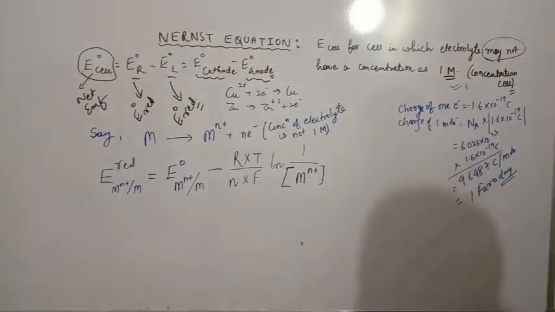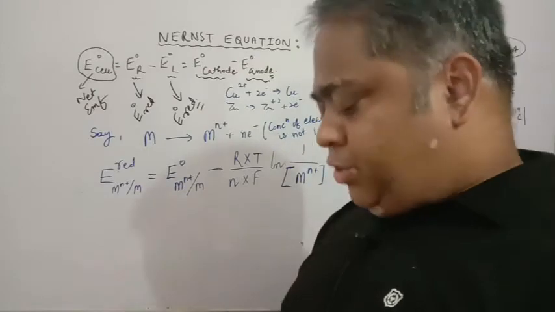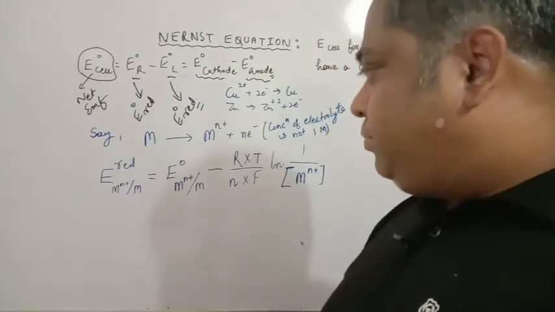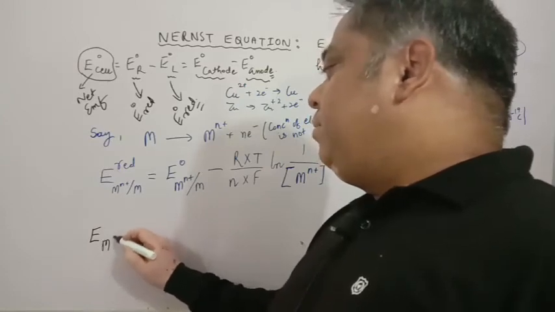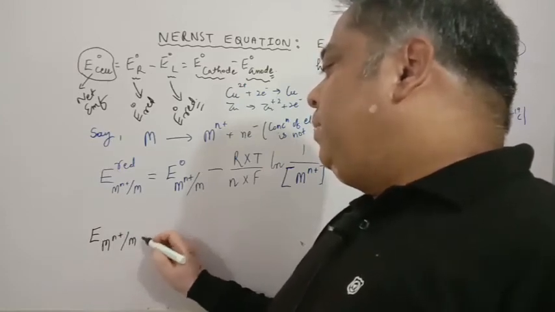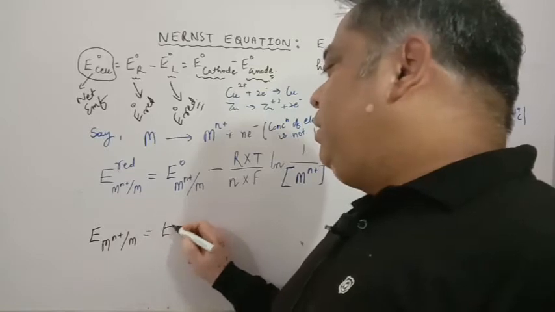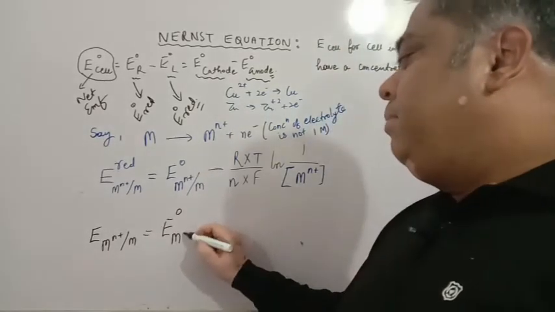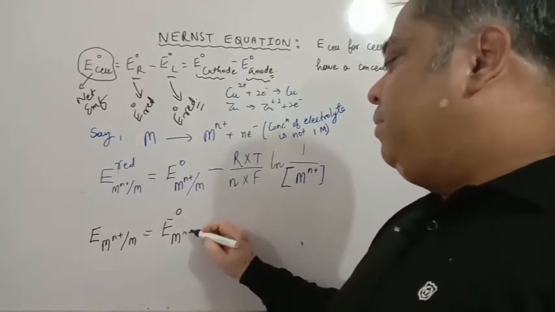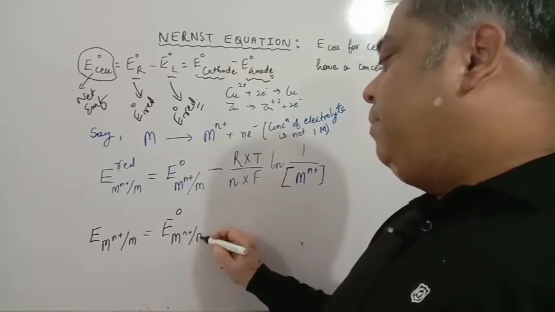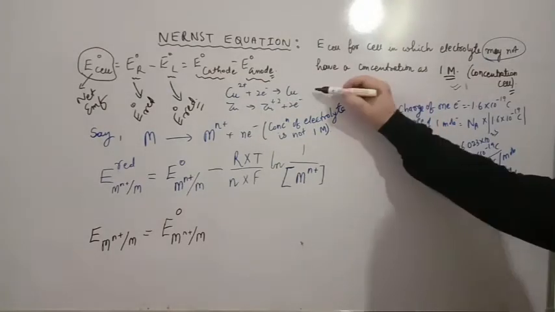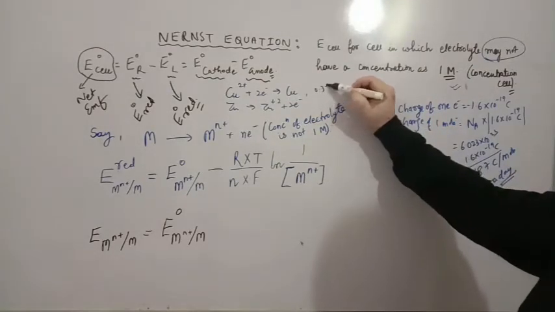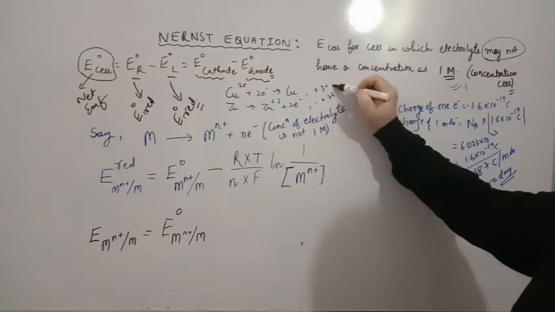Now we can make this equation easier by writing E non-standard of M n plus becoming M is equal to E standard of M n plus to M. This value we will get from the electrochemical series, just like we get 0.34 and minus 0.76 volt.